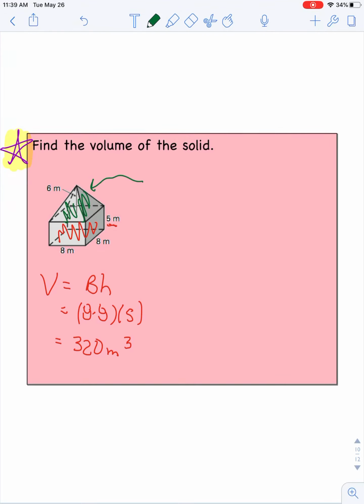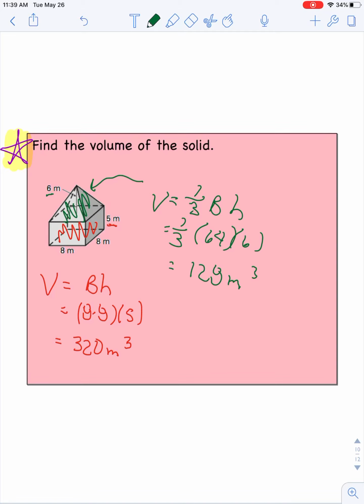Now let's work on the volume of the pyramid. That volume is 1/3 the area of the base times the height. So 1/3, the base area is the same, 1/3 times 8 times 8. And the height in this case is 6. That's the height right there. So multiply that by 6. So this volume is 128 meters cubed.